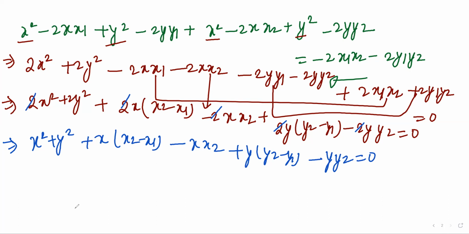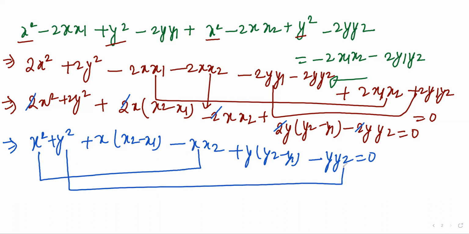Now if you want to take common from these two quantities like this, and from this, so what will be the common?